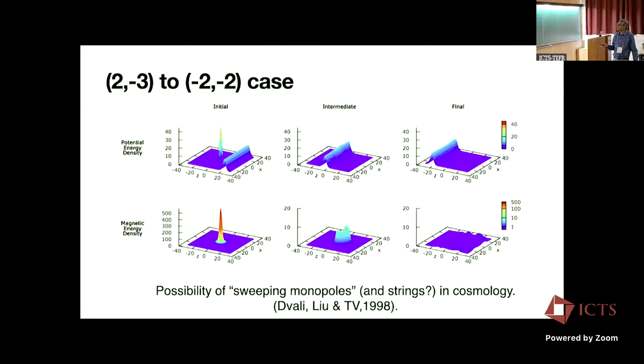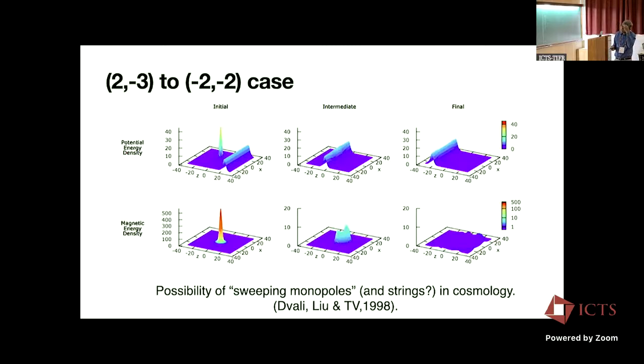And then you can see that the monopole gets destroyed. Again, this wall comes, and then here there's some interaction, and the wall goes through, but there's nothing left over here. And then the magnetic energy, the magnetic monopole is here, and then it starts spreading onto the wall, and there are some ripples on the wall.